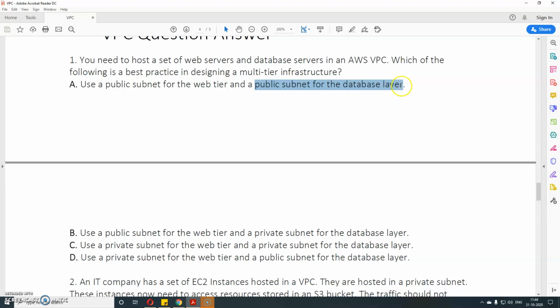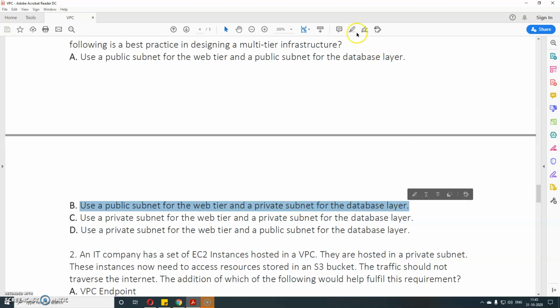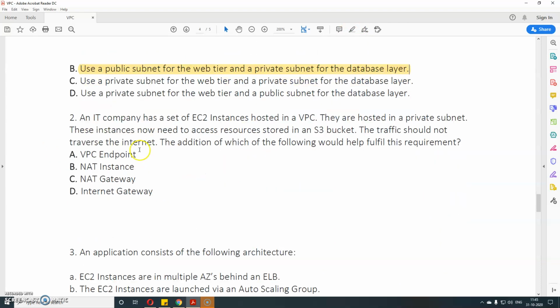So don't ever dare to launch your database in a public subnet. So that option is not correct, right? And then the next option is use public subnet for the web tier and private subnet for the database tier. So this is the right option. I will not go to the other options.